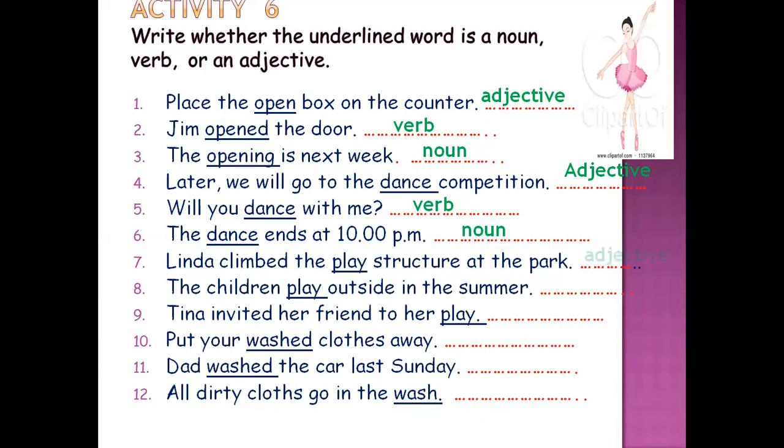Play structure, that means the adjective. Number 8. The children play outside in the summer. It's a verb. And number 9. Tina invited her friend to her play. Here this play is the noun.